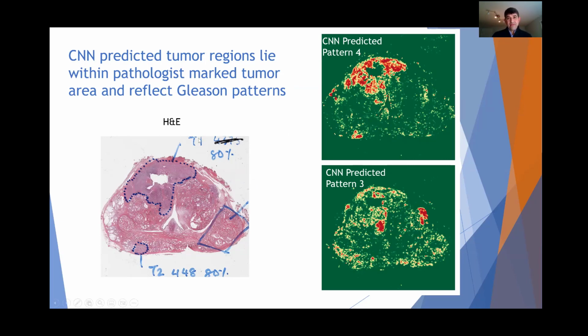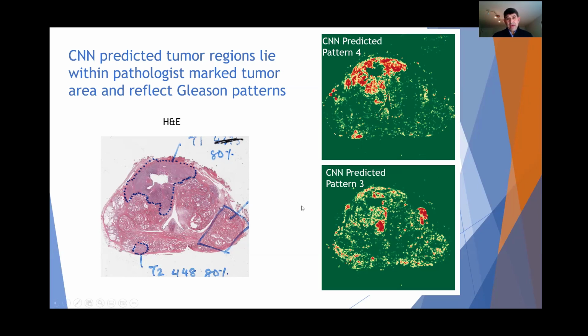So on the left, you have an image of a whole mount prostate specimen, and there are 2 areas of tumor that are labeled. One on the top labeled as T1, and a smaller segment on the bottom labeled as T2. So the T1 region is 4+3, so a grade group 2 lesion. And on the bottom, it's 4+4, 8, which is a grade group 4 lesion.